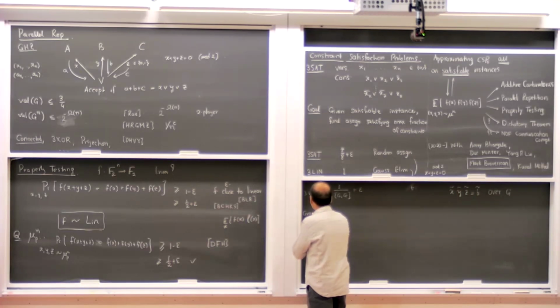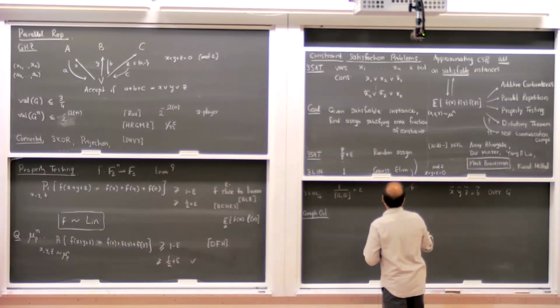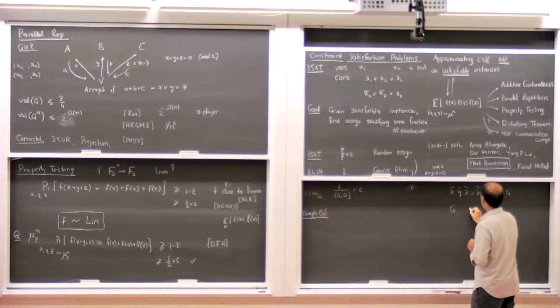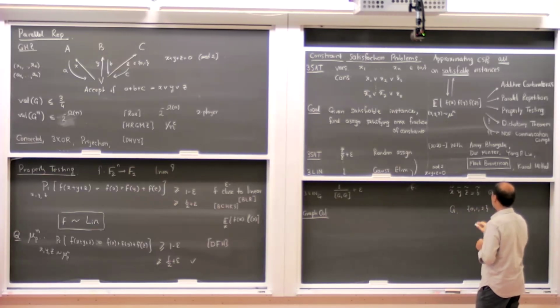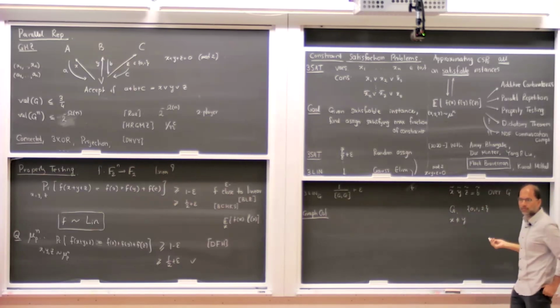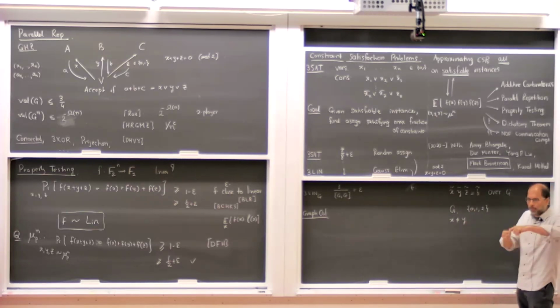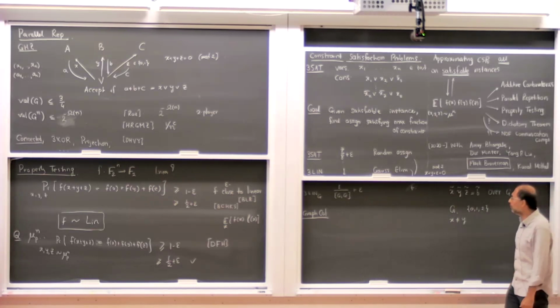Let's look at graph coloring, where you have a graph G, and you have colors. Let's call them 0, 1, 2 colors, and the predicate is simply x not equal to y. That's graph coloring. So here the problem is simply, I give a graph, I tell you that it is 3-colorable. Find me a coloring which properly colors as many edges as possible. How best can you do?